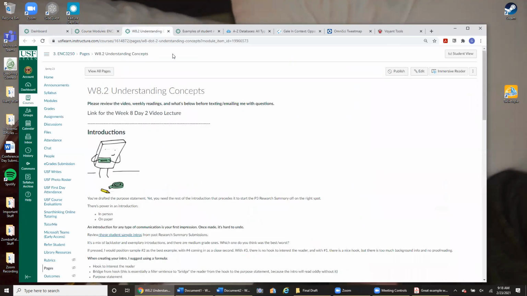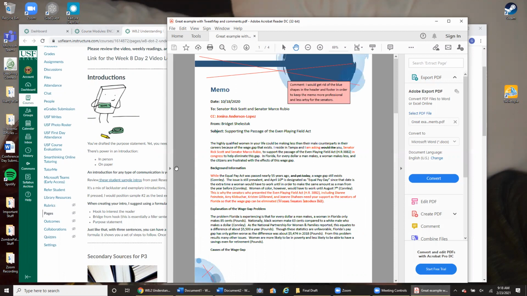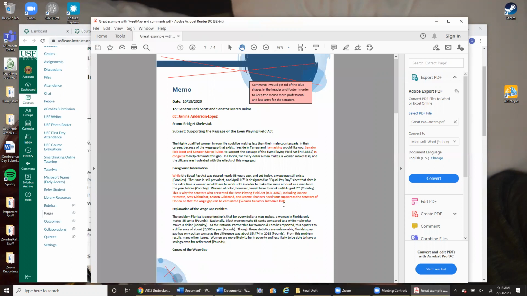But first, you click on Understanding Concepts, which outlines the type of introduction for this research summary, because the way you start things off, the way you present yourself on a piece of paper in person, it matters. And just like any other essay you're going to write, you need an intro for a memo.